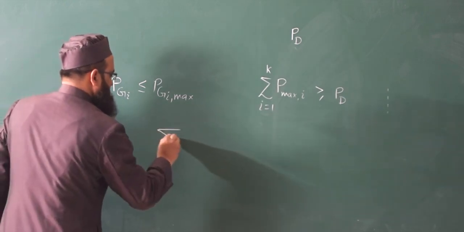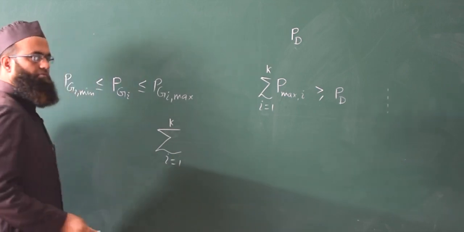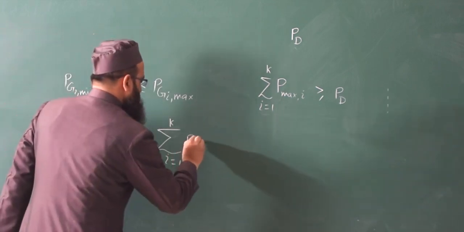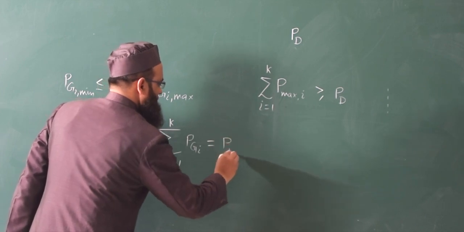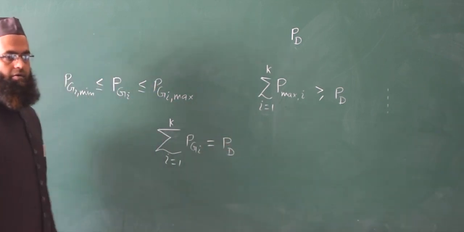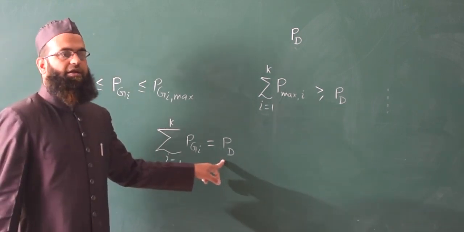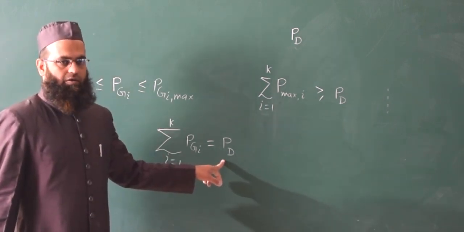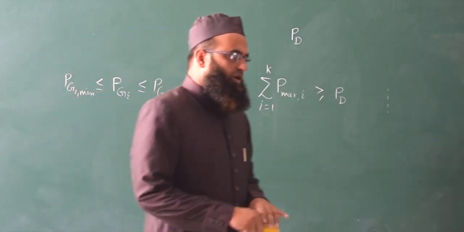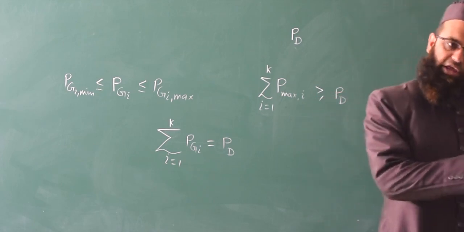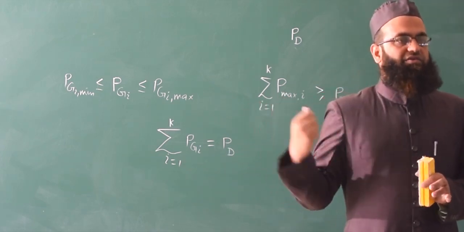Then we can write summation of PGI, I equal to 1 to K, should be equal to PD. What is PD? Total active power demand. So generation from all the working units should be equal to the demand. So this is a constraint.